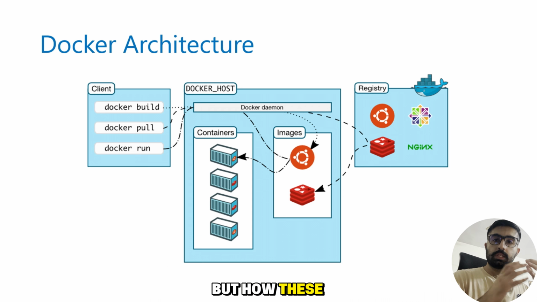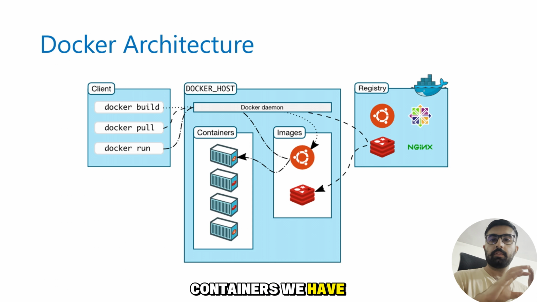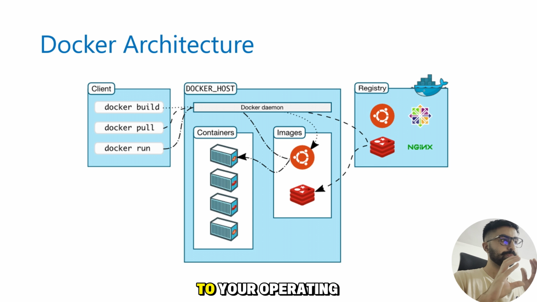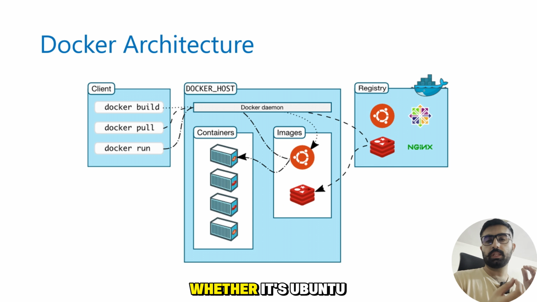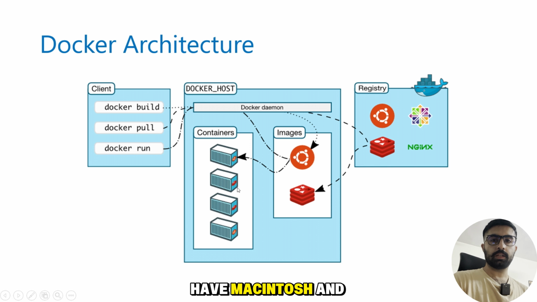But how do these Docker containers work? We have a Docker daemon where we have the containers, and for those containers we have different images. Images correspond to your operating system, whether it's Ubuntu, Windows, or Macintosh. We can have any images available on the Docker GitHub repository.